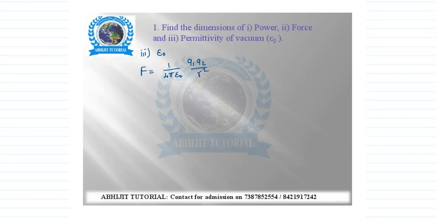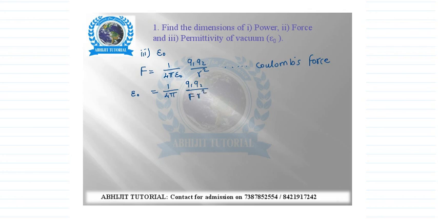This is Coulomb's force. Since we require the dimensions of epsilon naught, we take epsilon naught to the other side. Then the formula becomes epsilon naught equals 1 upon 4 pi into q1 q2 by F into r square.